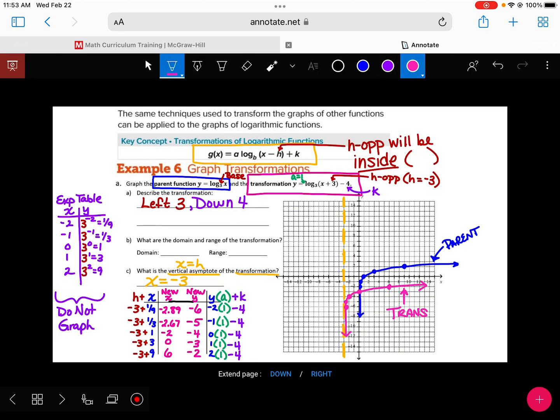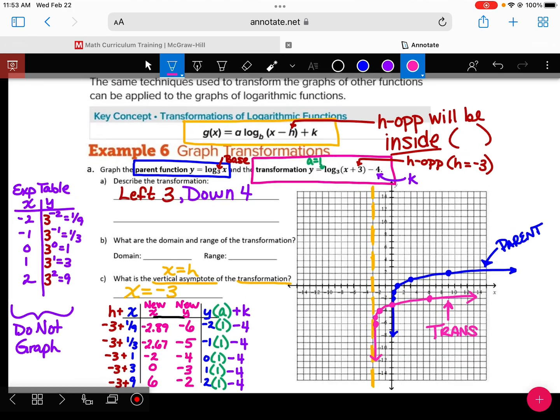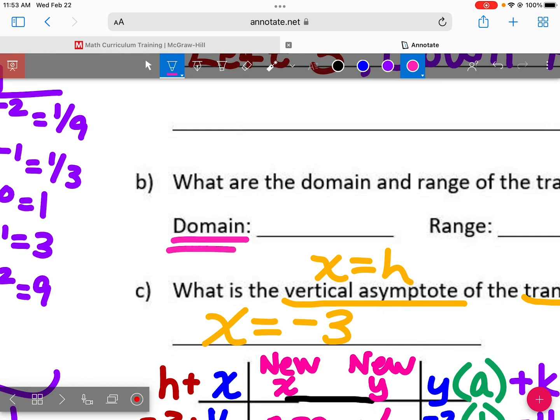Last thing we need to do on here is domain and range. Is domain talking about the x's or the y's? The x's. Well, look at my graph. Can I go forever to the left and to the right, or do I run into a barrier? I run into a barrier on the left.